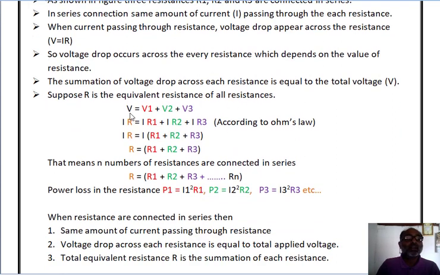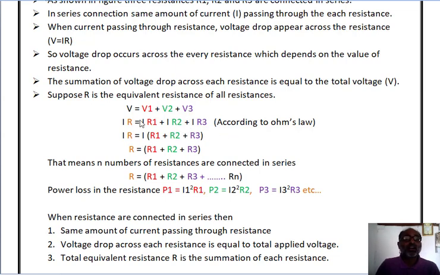Accordingly we can write the total applied voltage. It is nothing but the summation of the voltage drops across the resistances. So we can write capital V is equal to V1 plus V2 plus V3. According to Ohm's law, we can write I into R, remember, I is the current passing through this circuit, and R is the equivalent resistance of this circuit. Similarly, V1 is I into R1, plus V2 is I into R2, plus V3 is I into R3.